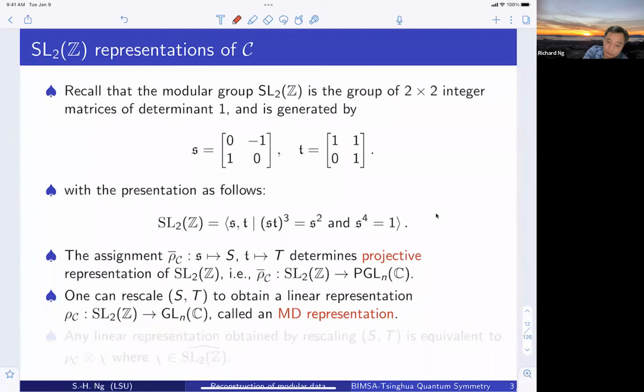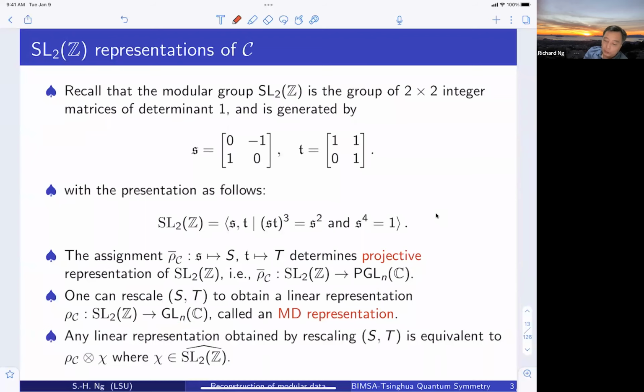Now there's one problem here. When you rescale the S and T matrices, you get more than one linear representation, and they are not equivalent. If you get one, let's say rho, the other one is simply the tensor of it with a one-dimensional representation of SL2Z. So all of these linear MD representations of a given modular tensor category could differ by a linear character of SL2Z, a group isomorphic to Z12.